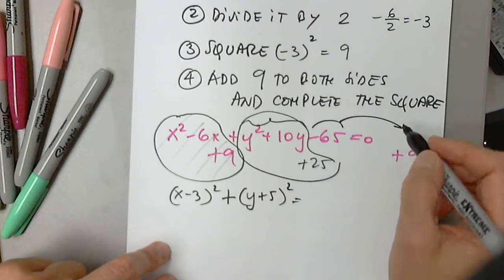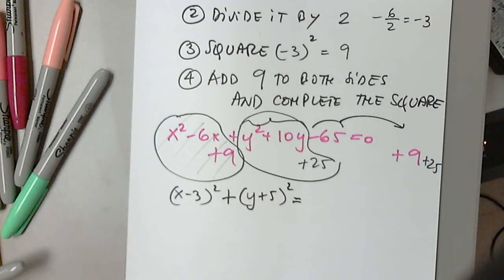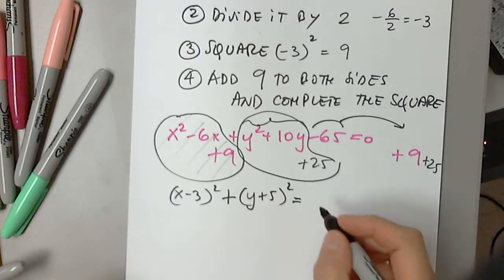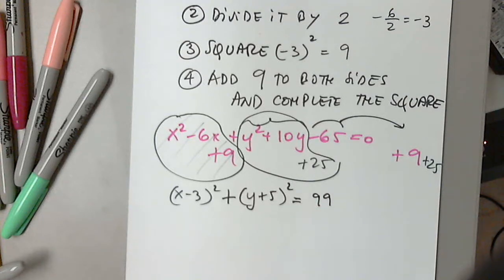-65 moves to the other side with 9 and 25. So 65 plus 25, right? And plus 9. Okay. So now let's identify the center and the radius.